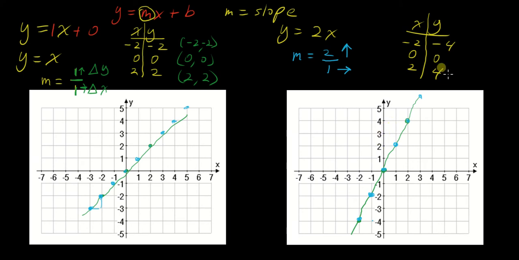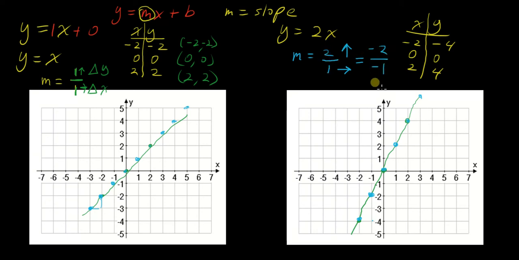Another thing I want to point out is that 2 over 1 is the same as negative 2 over negative 1. Okay, is negative 2 over negative 1 equal to 2 over 1? Well, think, a negative divided by a negative is a positive, so this is actually positive 2 over 1, which is 2.